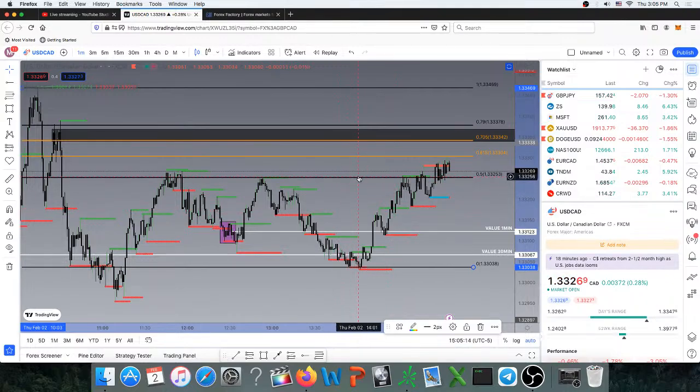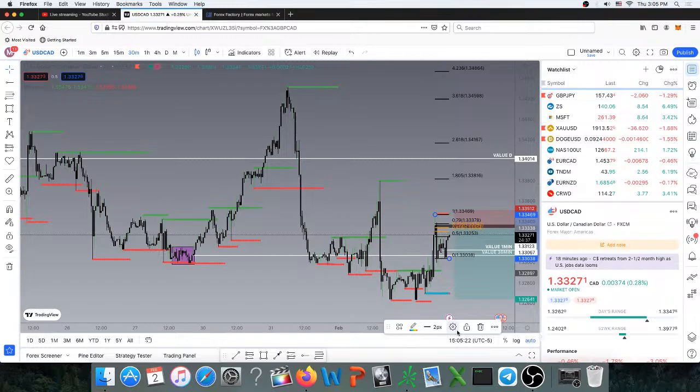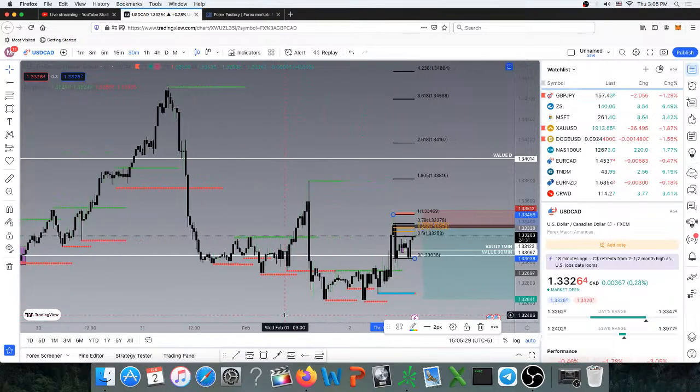It's wanting us to take this trade pretty bad, but we wanted to really smack this area. Let's look at this 30-minute again. 30-minute really just opened a few minutes ago.